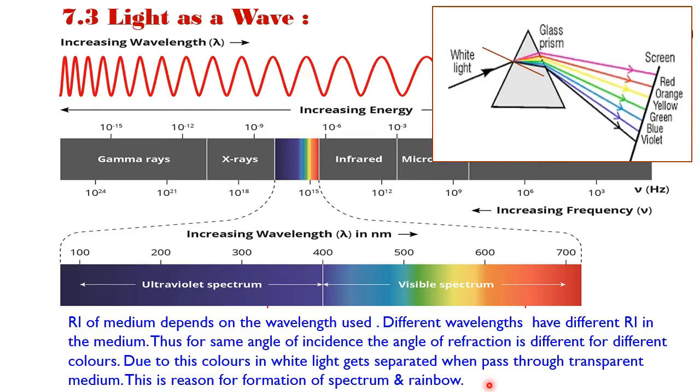Due to that, spectrum or rainbows are formed. Here again, the refractive index is playing the main role regarding the different colors.